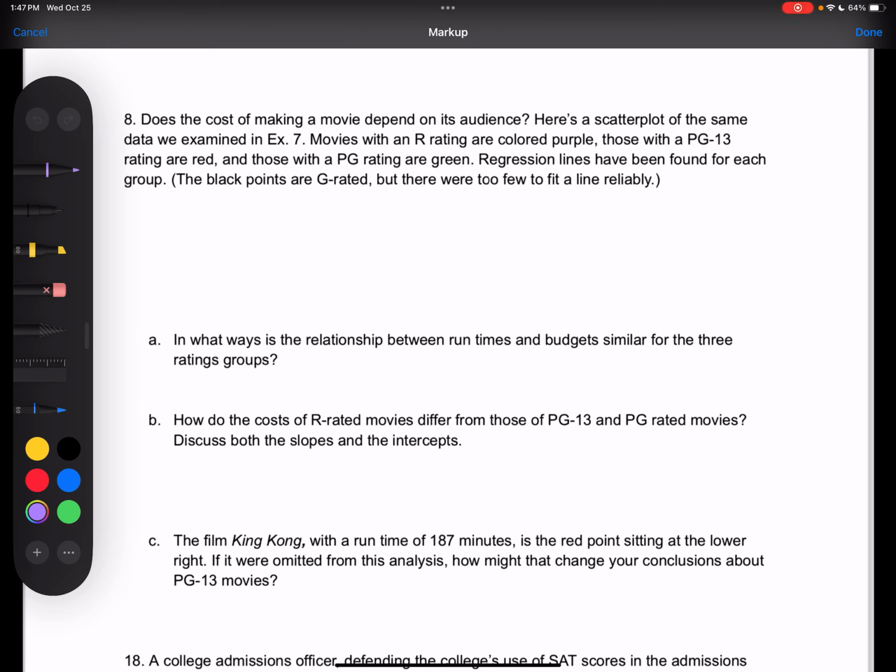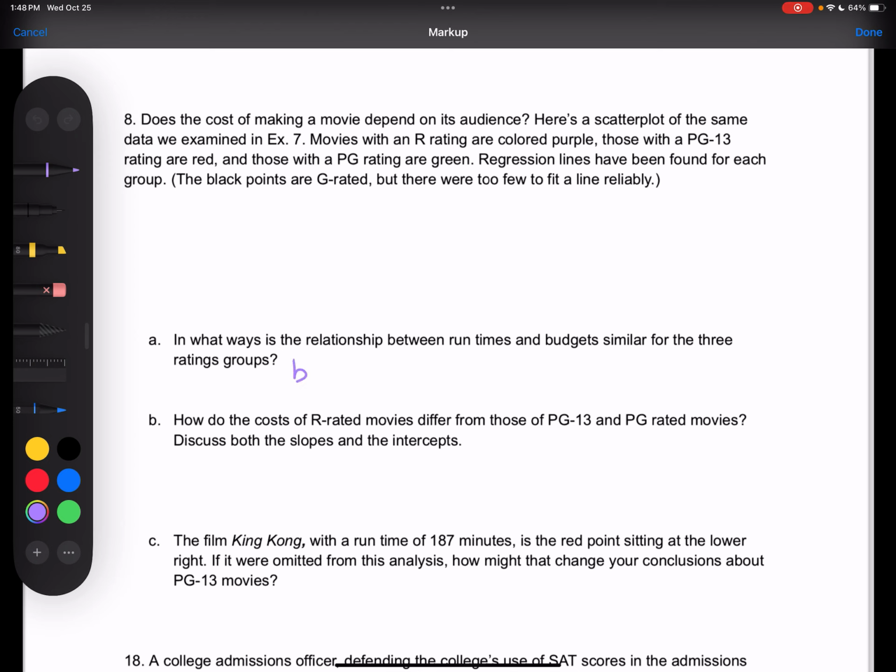All right, so in what ways is the relationship between runtimes and budget similar for the 3 ratings groups? They're all positive. Yeah, so what does that mean in the context? The higher the budget, the longer the movie. Yep.